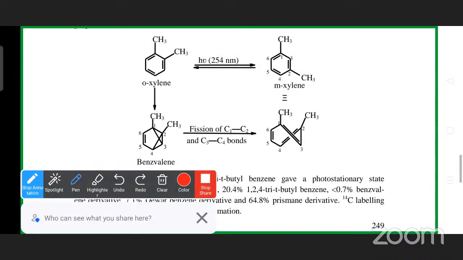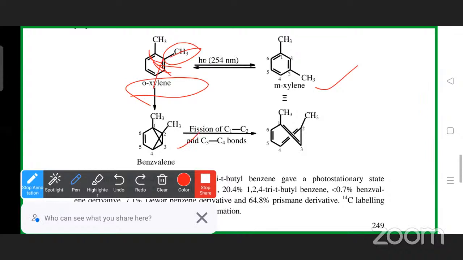Photo isomerization of orthoxylene: this orthoxylene is going to form metaxylene. What is happening here is that the position of the methyl group is changing, so it is undergoing isomerization. How does this isomerization take place? Very simple: this bond electron undergoes homolytic cleavage and rearrangement, combining of this bond electron and this bond, so it gives this valvalin derivative.